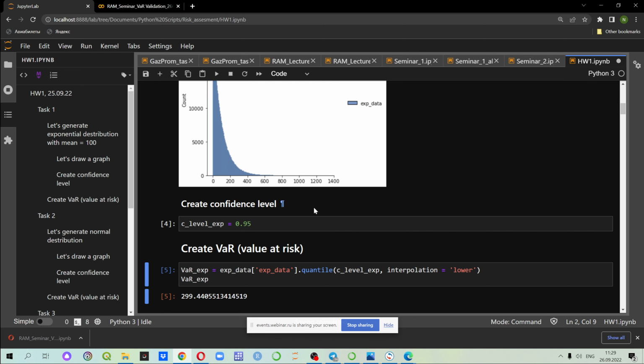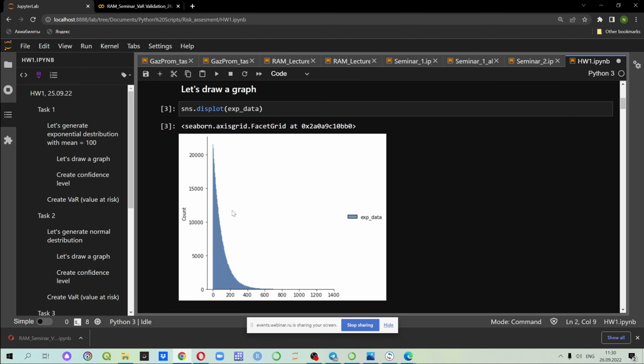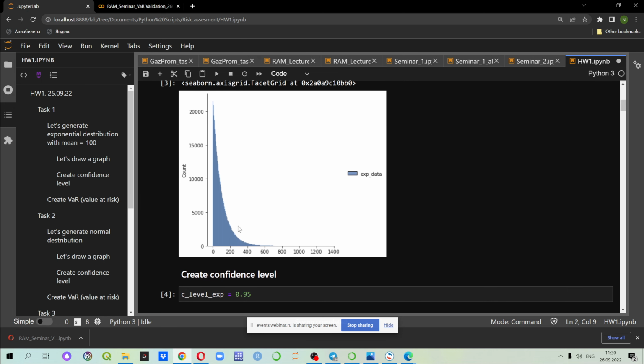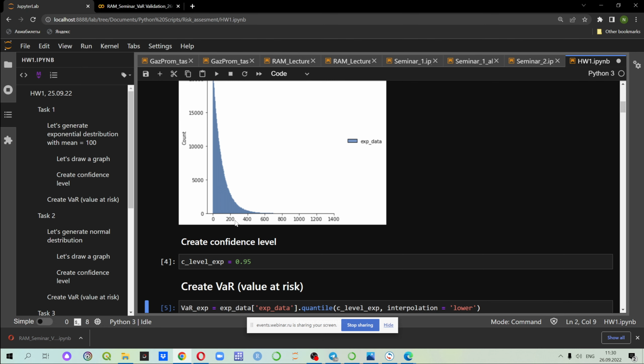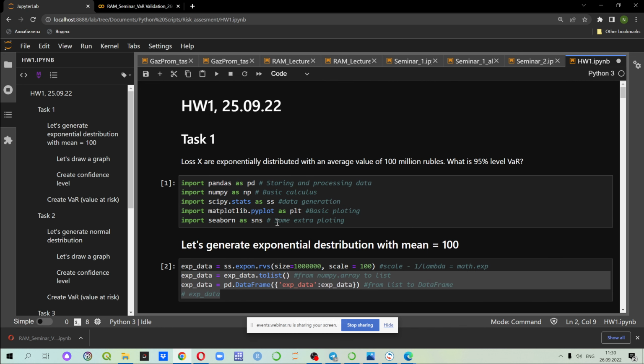If you consider your distribution as a P&L distribution, the main question you should answer before estimating value at risk is whether the losses lie in the right tail or in the left tail. What we know from the problem verbally is that the losses are described with an exponential distribution, and we definitely know that the exponential distribution is defined on the positive axis, right?